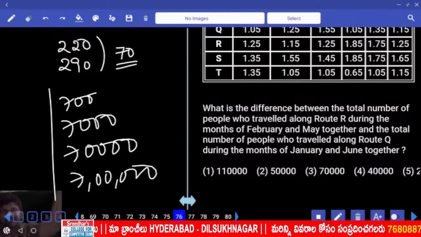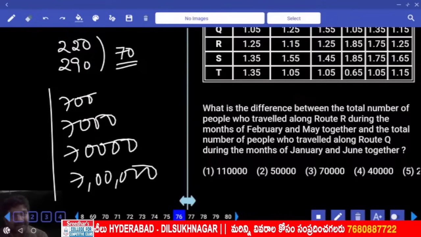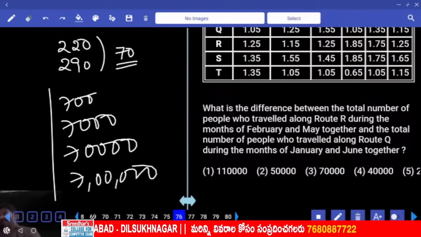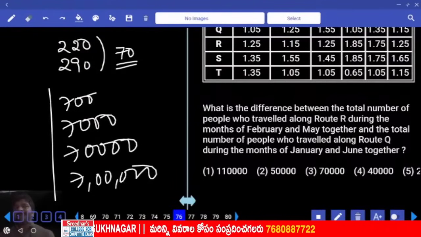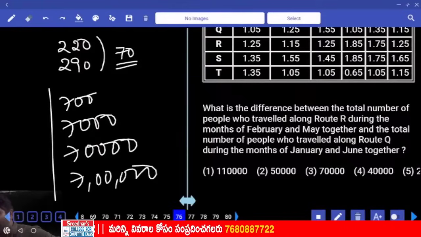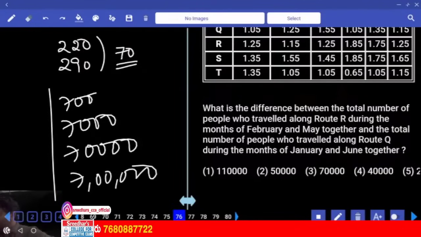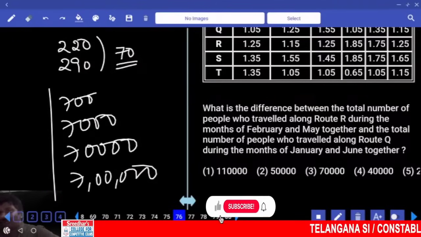In 1 lakh, how many zeros will be there? 5. Already 2 zeros adjusted. How many more should be there? 70, 3 zeros, 70,000. But you don't need to bother about zeros because there is only one option which is having 7. That's all.